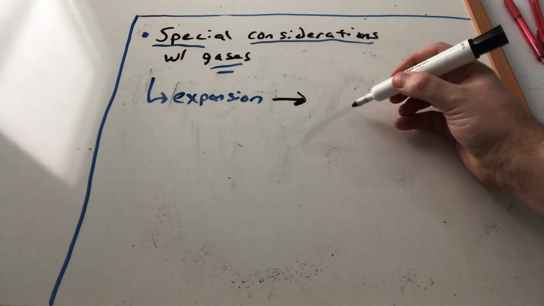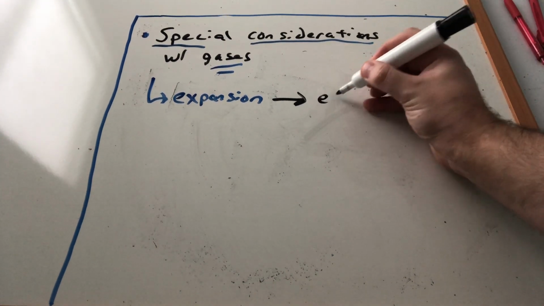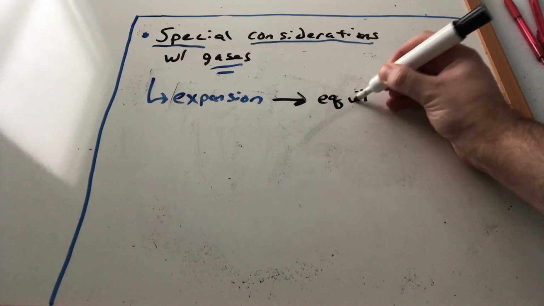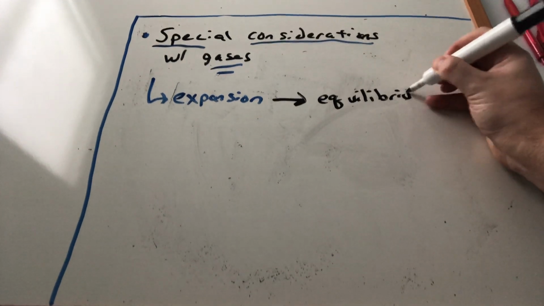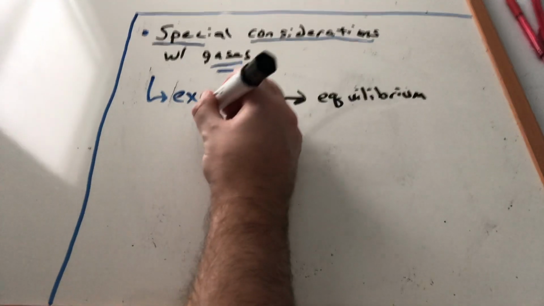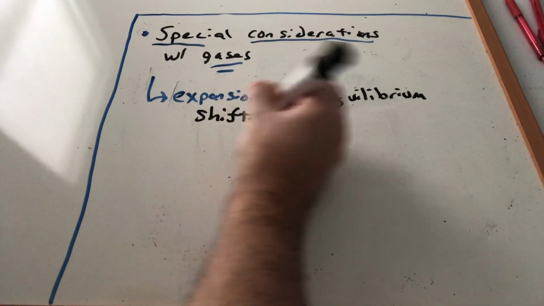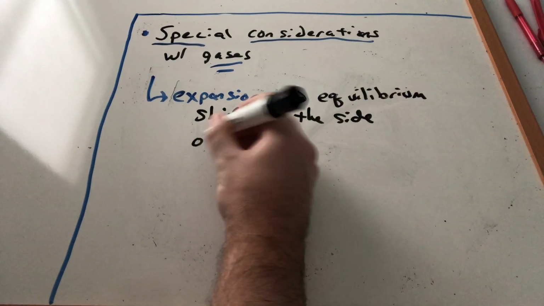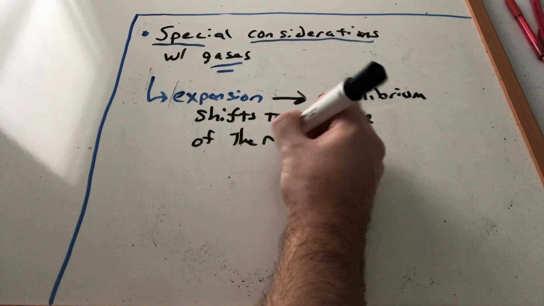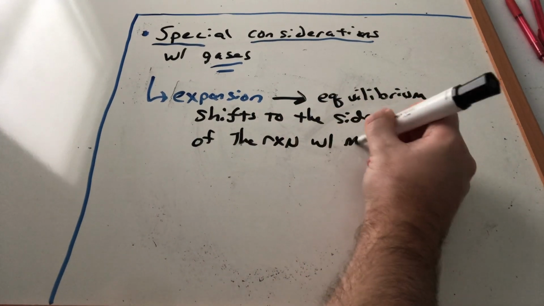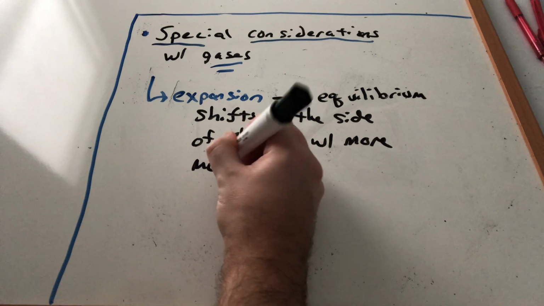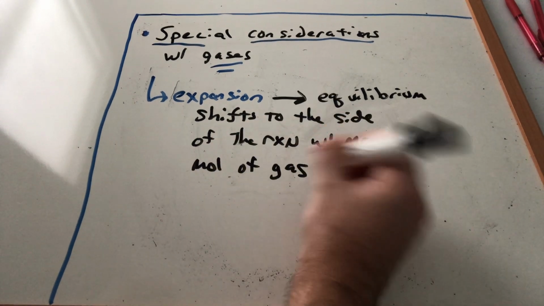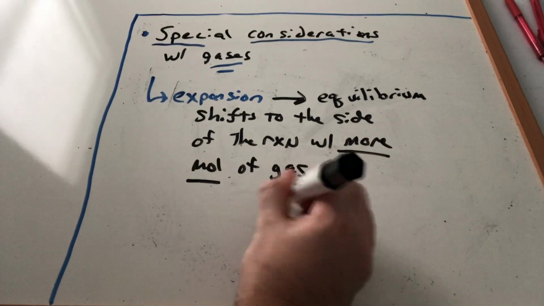So when we expand the gas, equilibrium shifts to the side of the reaction with more moles of gas.